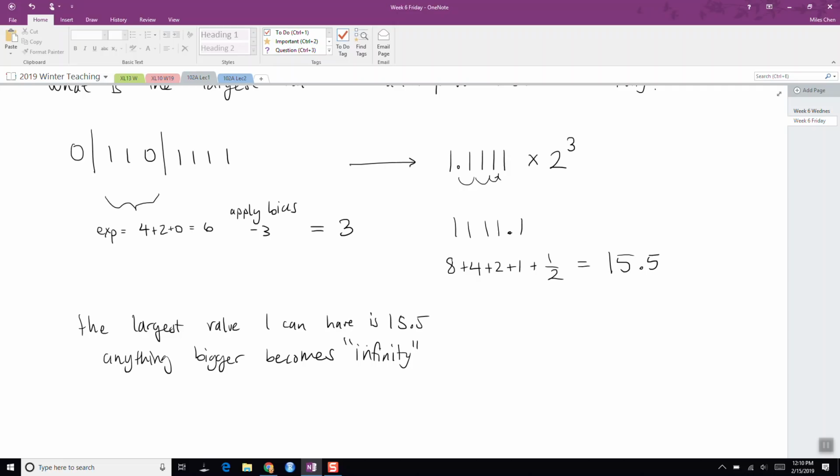It reaches that point, and it says, oh, it's bigger than this, now it's infinity. This value is called the machine double max, because it's type double.